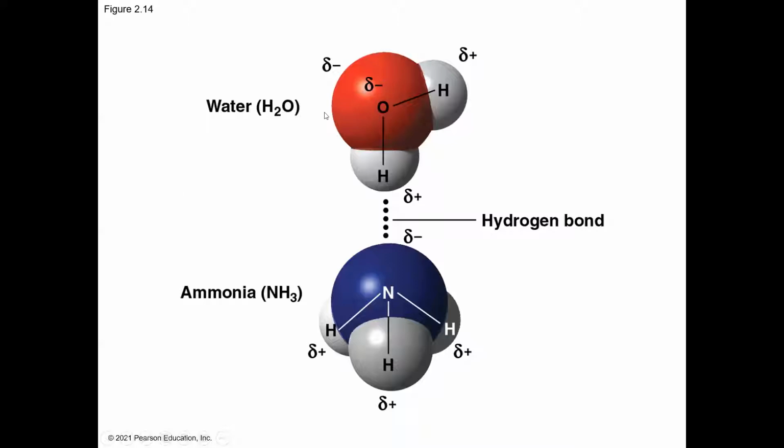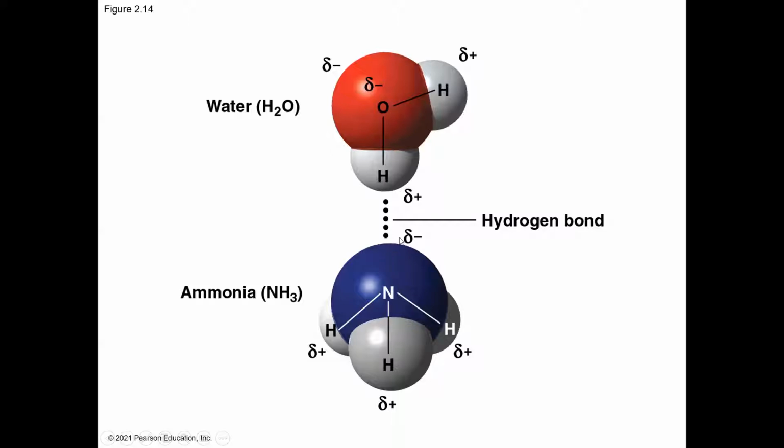Hydrogen bond is, again, water. Water molecule. Hydrogen is positive. This is ammonia, NH3. So nitrogen and 3 hydrogens. Ammonia is also a polar molecule. Hydrogen bonds can be formed only by polar molecules because, you see, positive charge, negative charge.